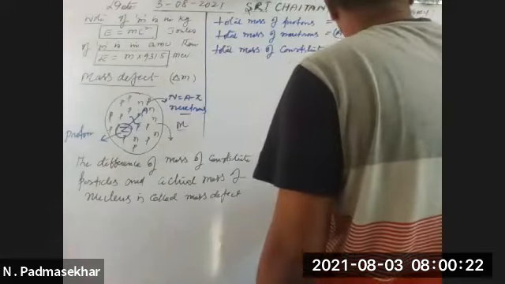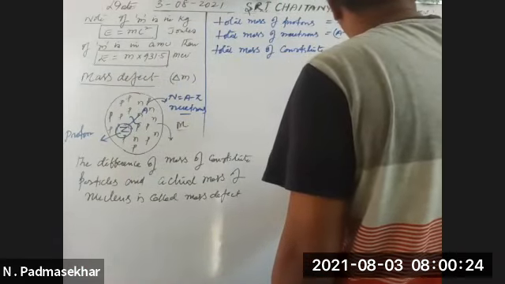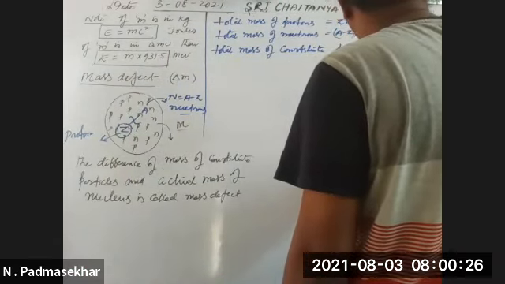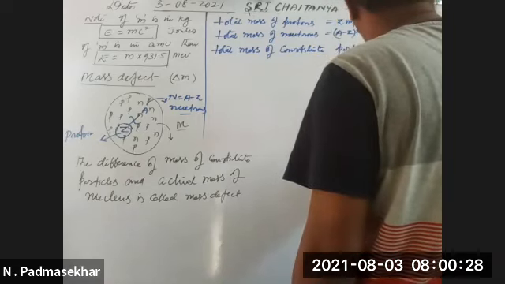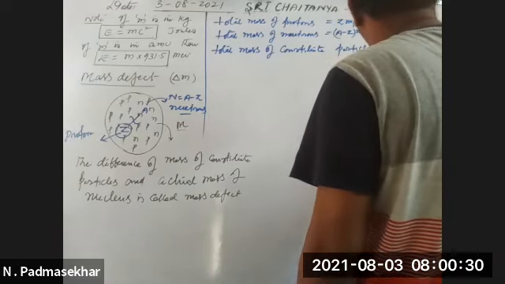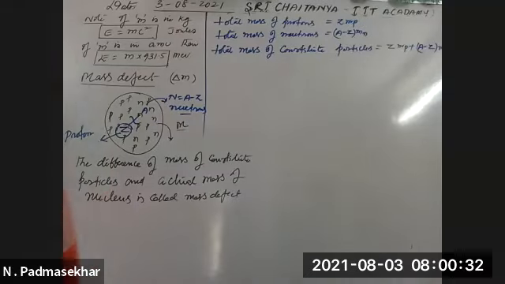So mass of the protons plus mass of the neutrons means Z Mp plus A minus Z Mn. That is the total mass of the constituent particles.